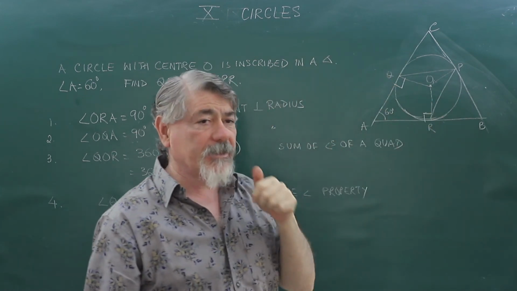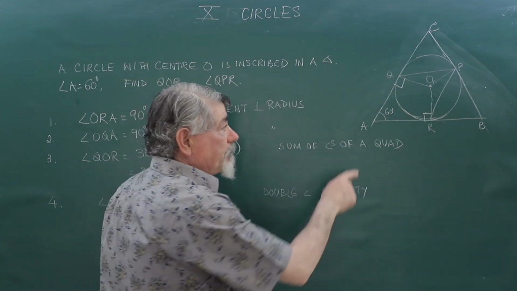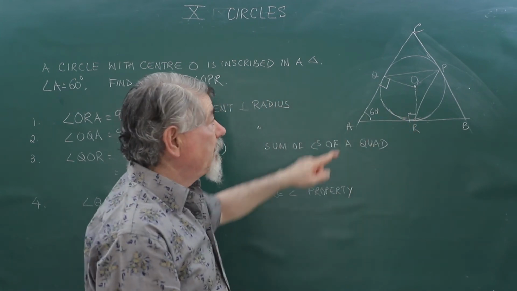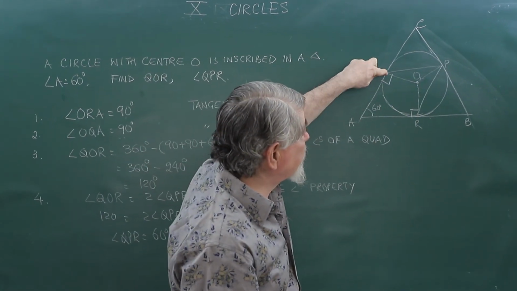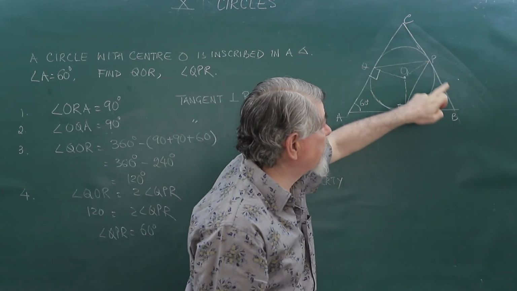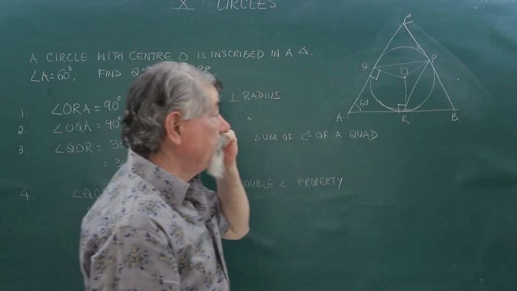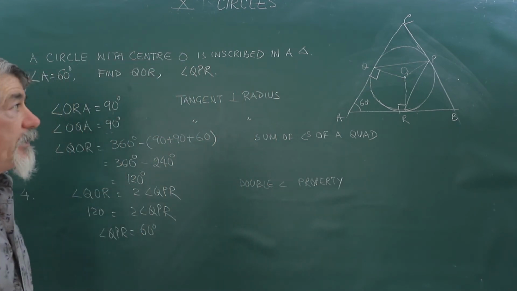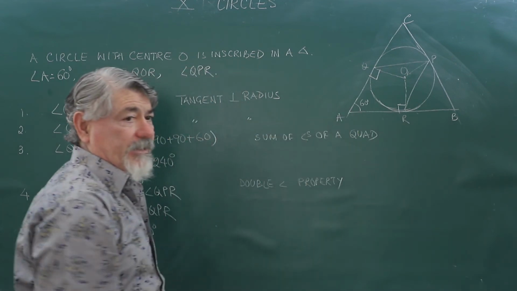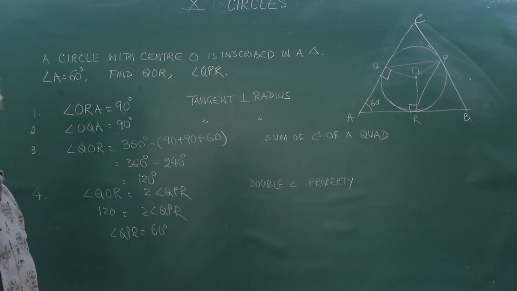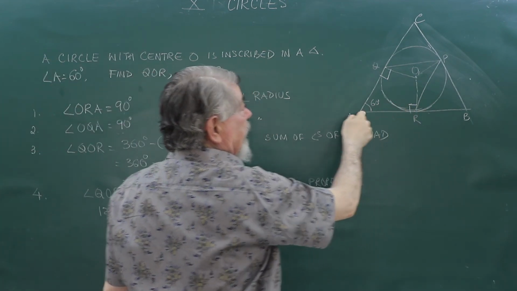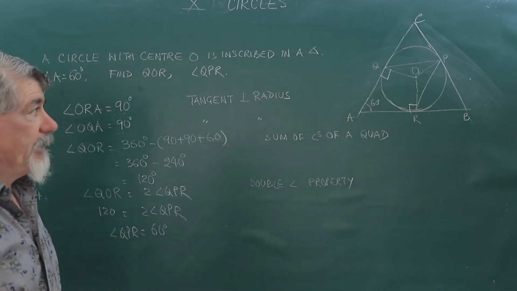Whenever we are saying a circle is inscribed, that means AB is tangent to the circle at point R, AC is tangent to the circle at point Q, and CB is tangent to the circle at point P. So angle ORA is 90 degree. Tangent and radius are always perpendicular.